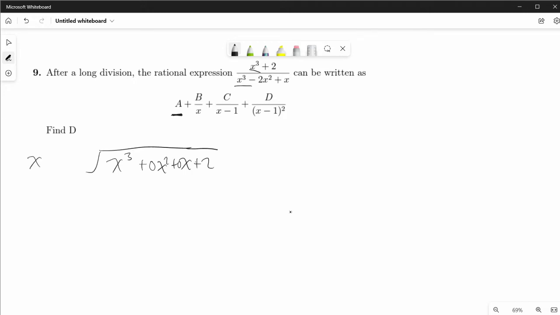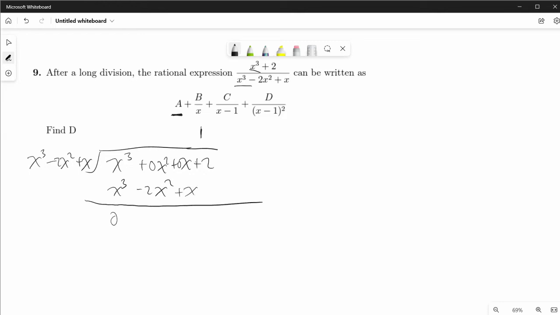And then we have the denominator, and since they're the same power and their leading constants are 1, we can only place 1 here. And then we will have x to the third minus x squared plus x.